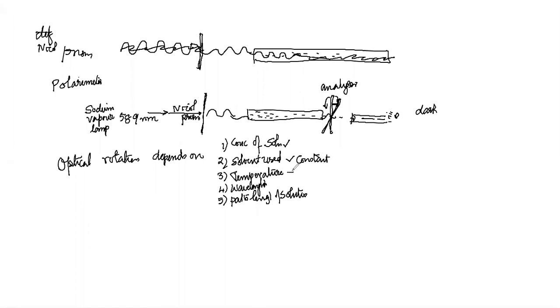The temperature: we always measure at room temperature, approximately 25 degrees Celsius. So that also we have made constant. Wavelength also affects, so we take only one wavelength, 589 nanometers, which corresponds to the sodium vapor lamp.